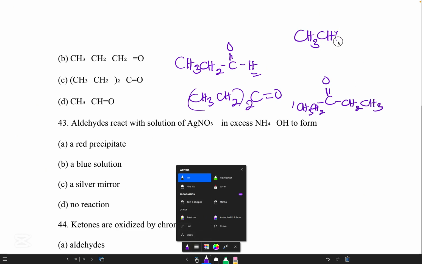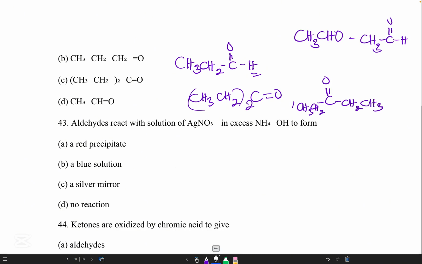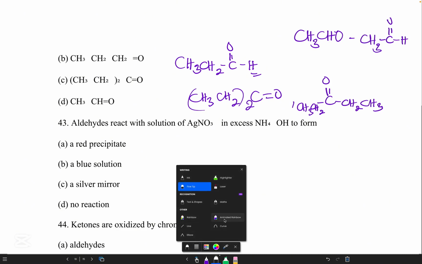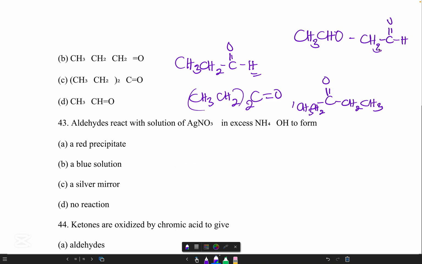Something like this: CH3, C double bond O, H. All right. So this is the methyl ketone we are looking at here. This group here is a methyl ketone.